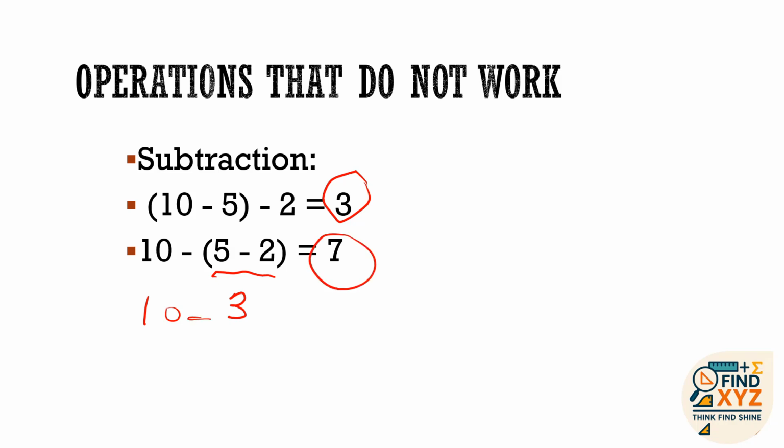You realize that grouping the first 2 terms gives us a result of 3, and grouping the last 2 terms gives us a result of 7, indicating that the associative property does not work on subtraction.